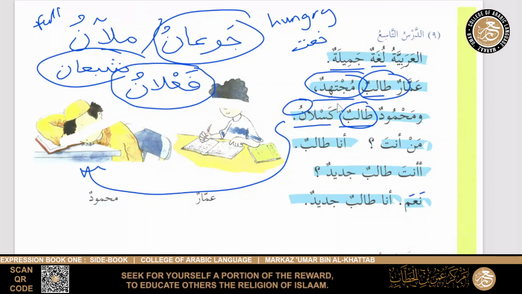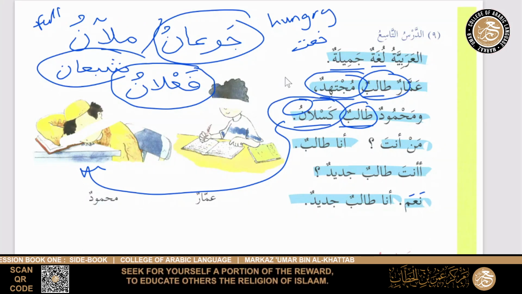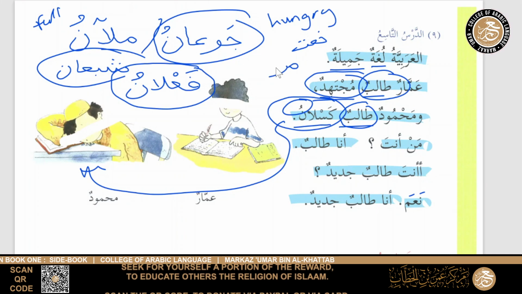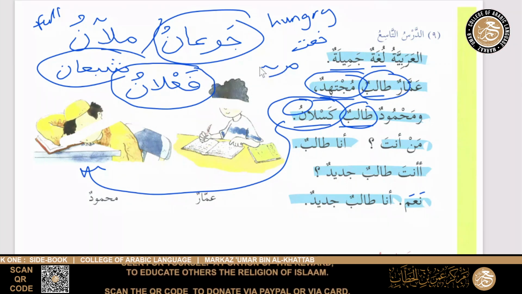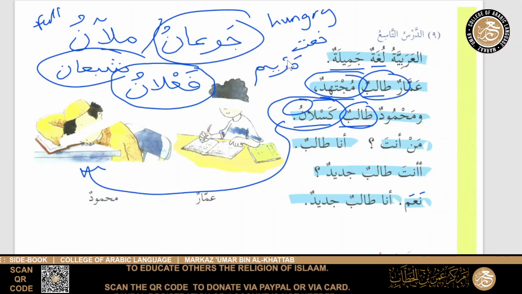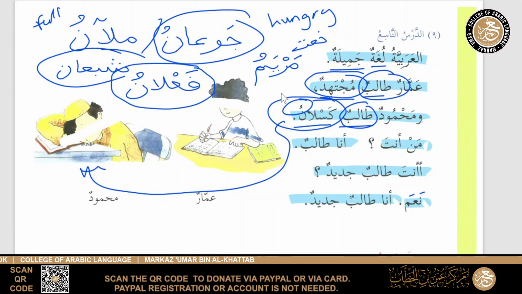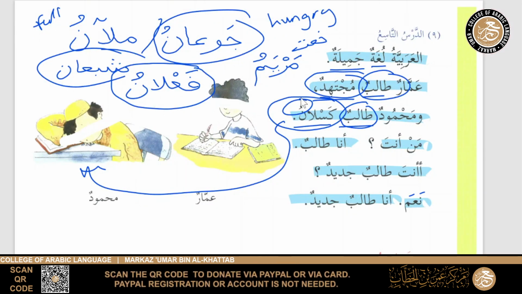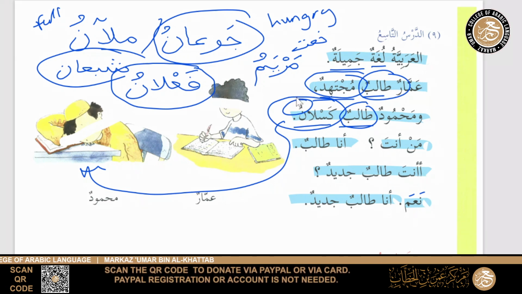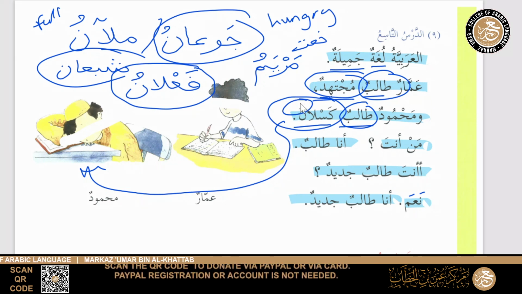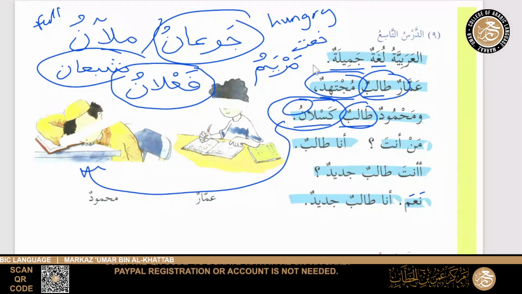So this word kaslanu is similar to feminine names, Maryamu. Feminine names end with one dhamma. Why? Because they're feminine names. So can someone tell me what happens to a feminine name when a harf jar comes before it?